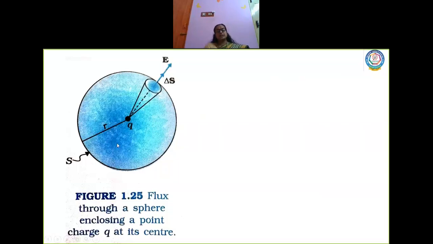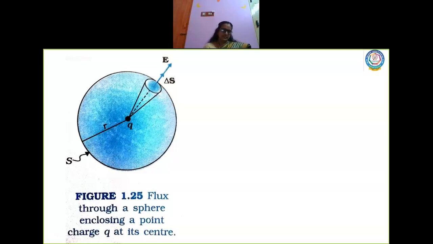What I have done in this diagram is divide the sphere into small elements. I have taken a small element of the sphere and I am going to calculate the electric flux for this small area element, right? This is the surface del S, and there is an electric field moving radially outward. Look at the direction of the electric field here, children. It is radially outward.